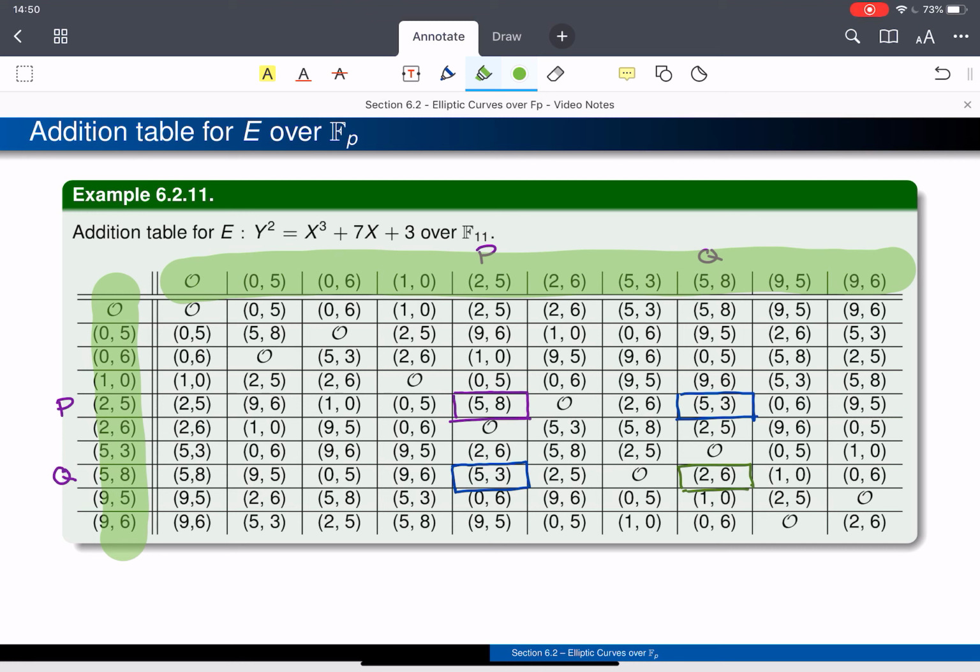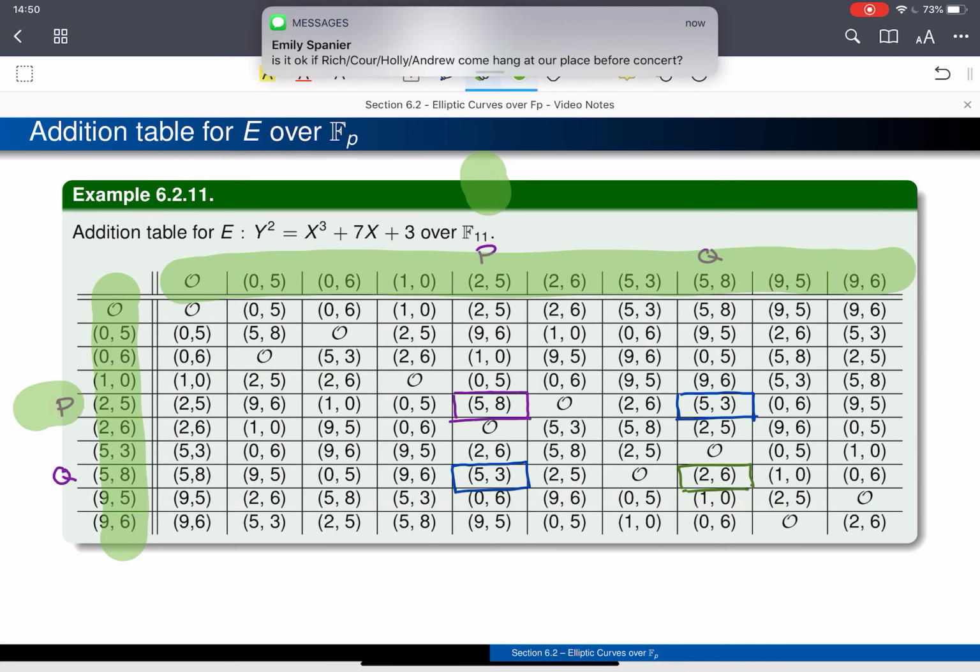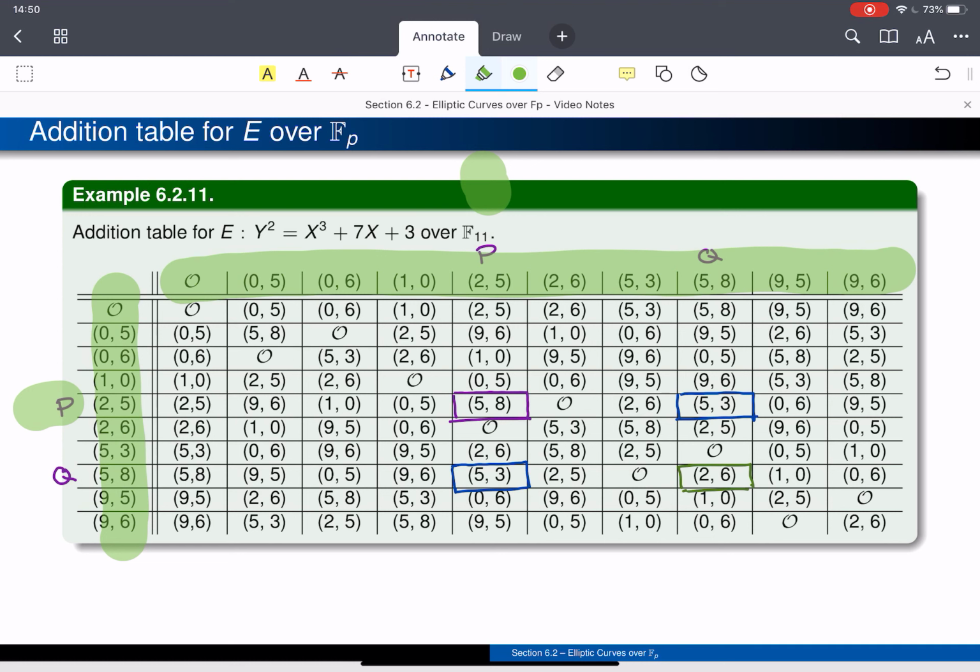If I want to compute the sum of p with itself, you go p in the x direction and then p in the y direction. And what you can see is that if you add those two things together, you do in fact get this ordered pair 5, 8, which is the thing that we just got done computing. So we know that we have that thing in play.